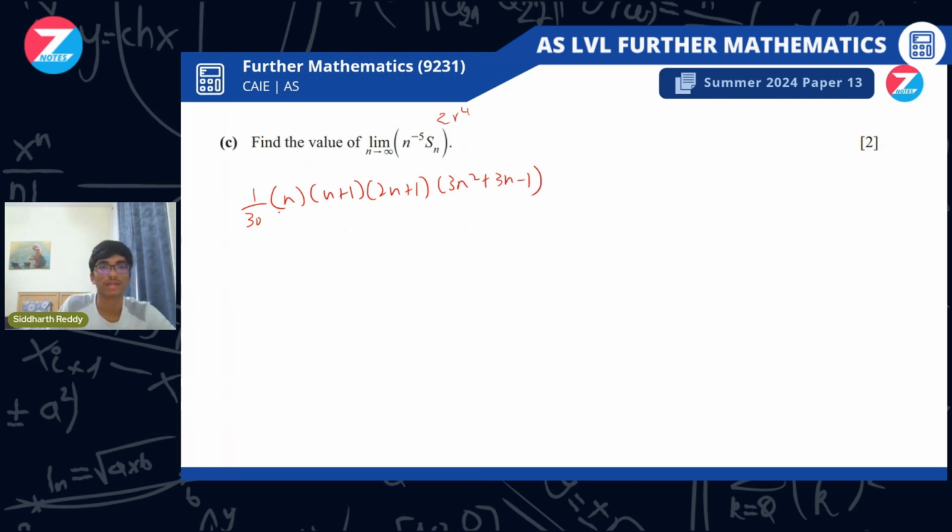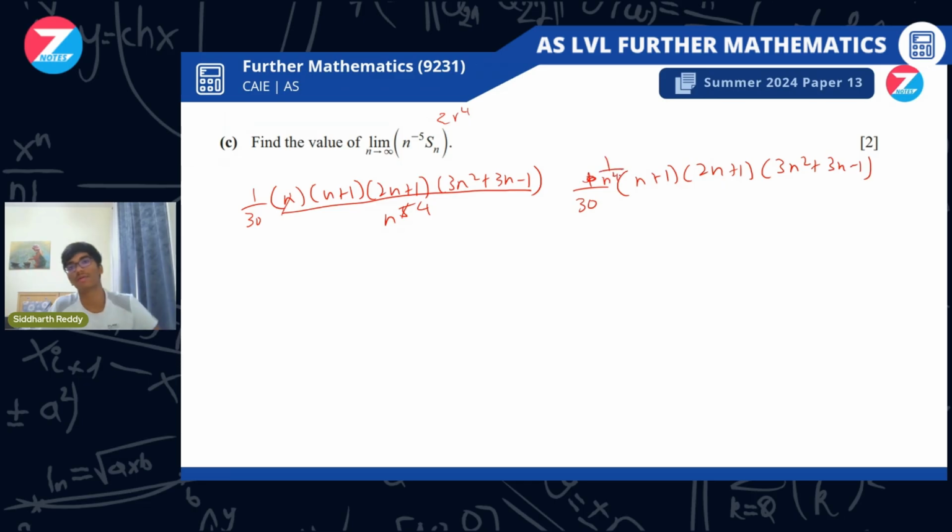So if we just divide it by n to the power 5, what do we get? This cancels out. So we get 1/30 times (n+1)(2n+1)(3n squared plus 3n minus 1), all times 1 by n to the power 4.